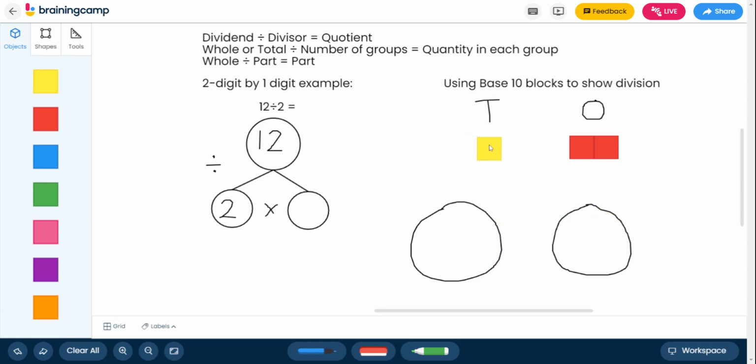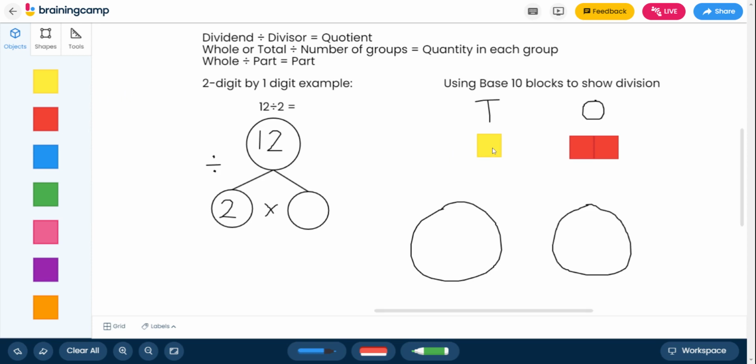I might have to break it in half, but we're not there yet. So if we go back to our place value understanding, we know that 1 ten is equivalent to 10 ones. It will take 10 ones to make up 1 ten.